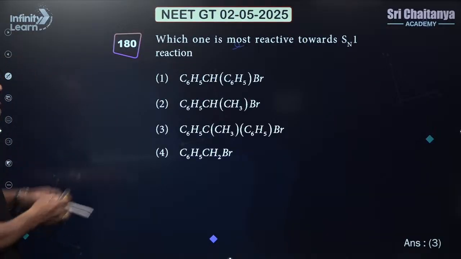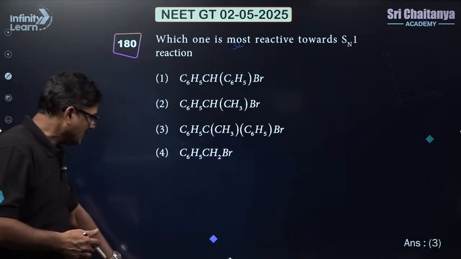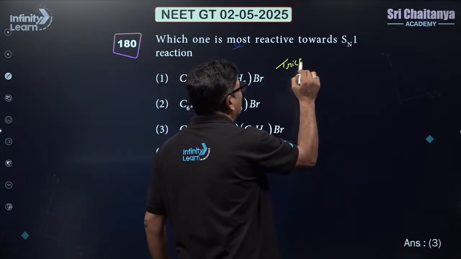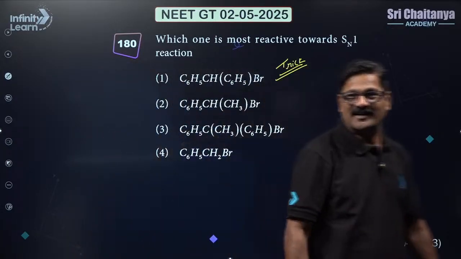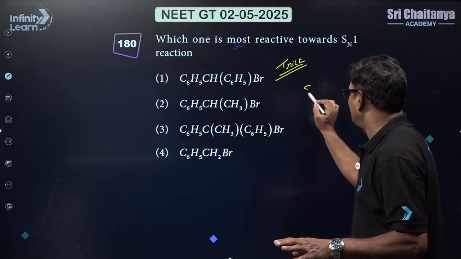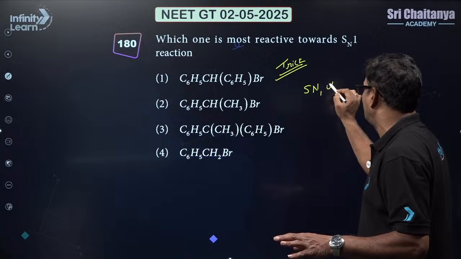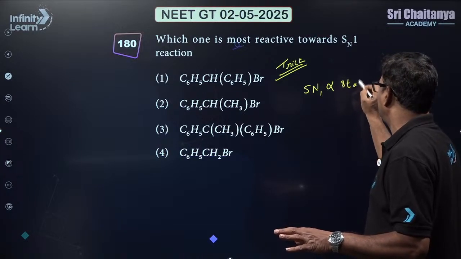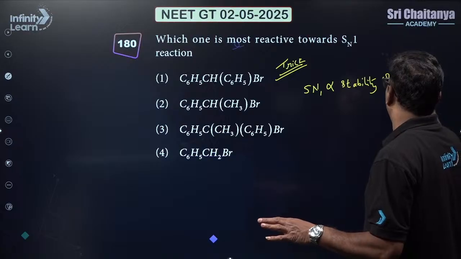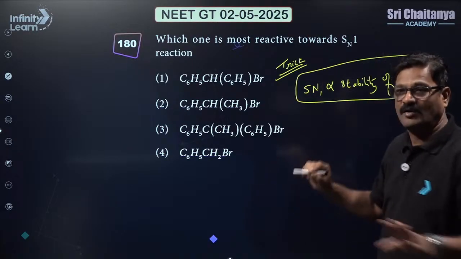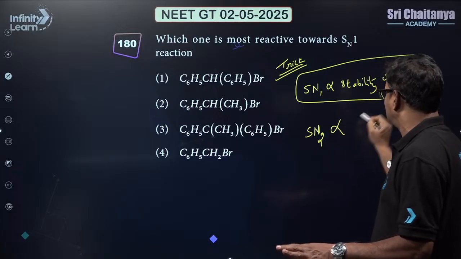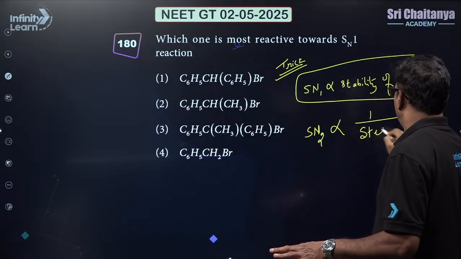And which is the most reactive towards SN1? I want to give you a trick before the examination. Running through the questions is different. Ashish, come on. Reactivity in SN1 is directly proportional to the stability of the carbocation. And this is one trick, a 1 + 1 offer. The rate of an SN2 reaction is inversely proportional to the steric factor.